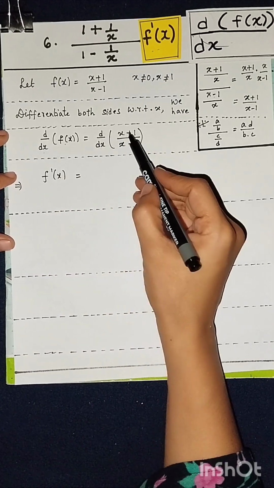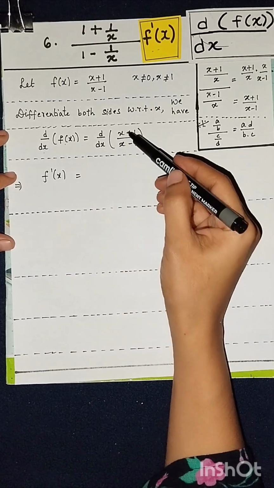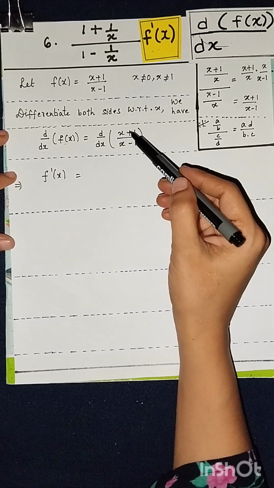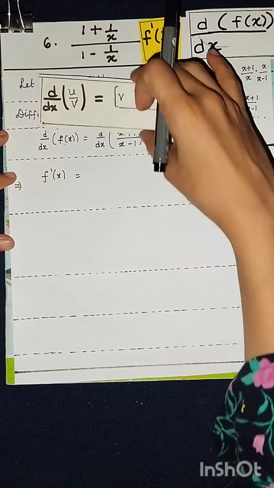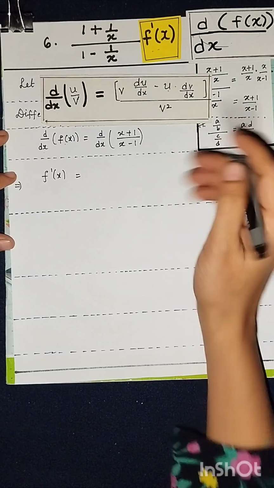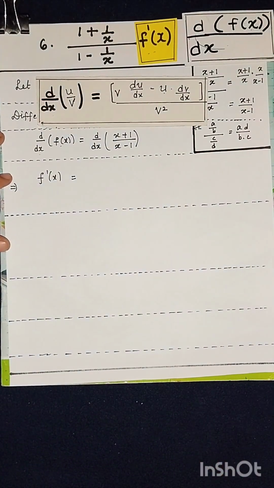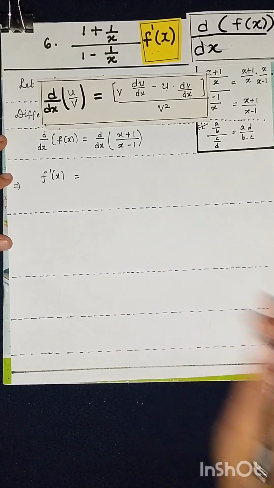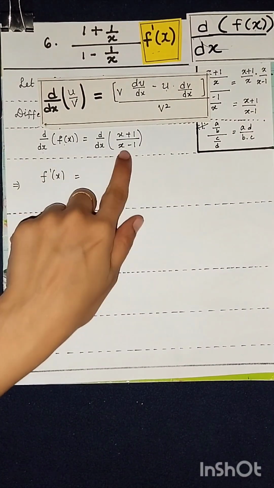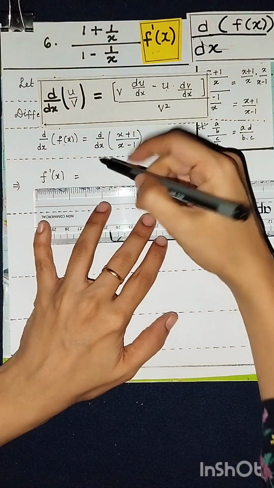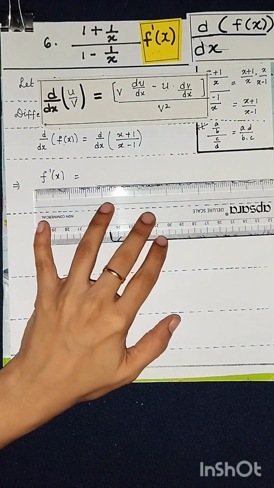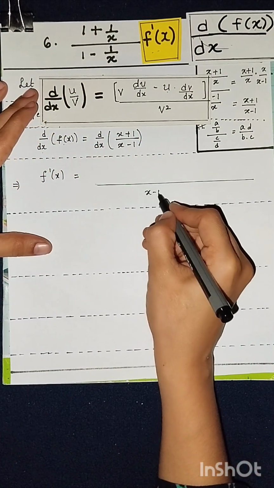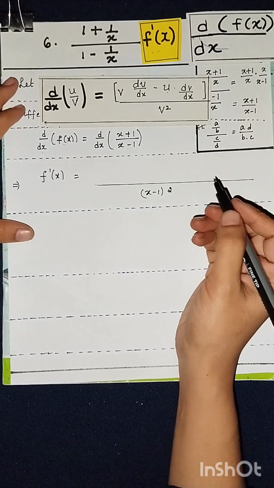Now d by dx of x plus 1 by x minus 1, quotient of function by function. So we will apply the u by v rule. So in the denominator, it is x minus 1, so we will write x minus 1 the whole square.